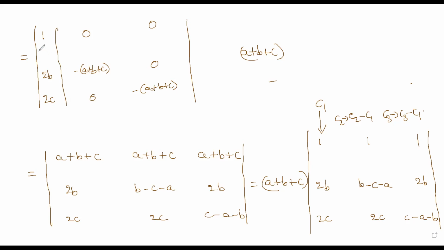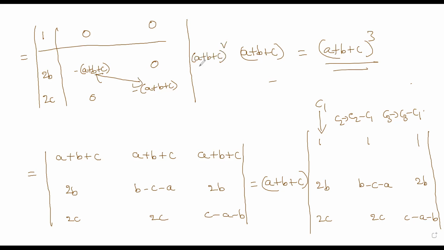Now it's very simple. Evaluate the determinant. This is minus of a plus b plus c into minus of a plus b plus c. Minus into minus is plus. So that is simply a plus b plus c whole square, which is the product, and we already have taken a plus b plus c out as common.